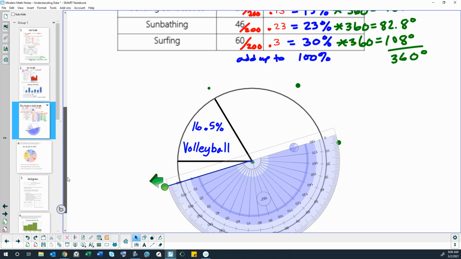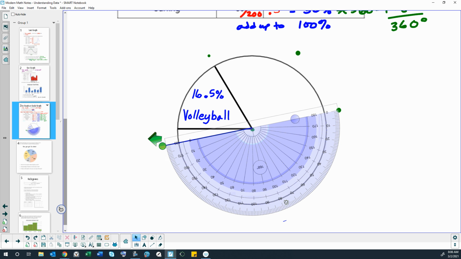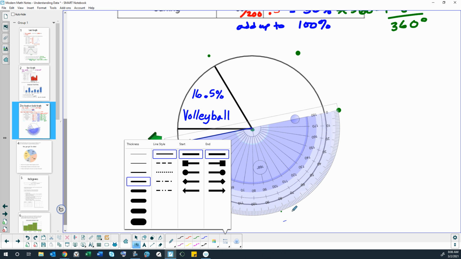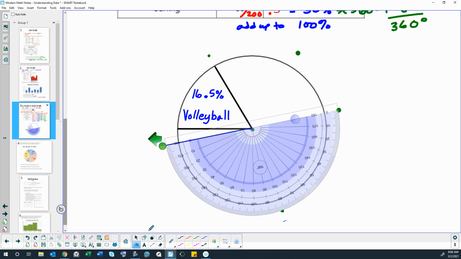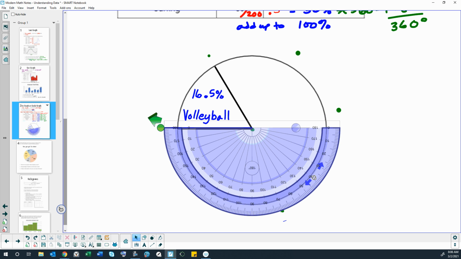I need to move my screen down so I can see this. So 83 is between 80 and 90. That's the one I said is almost like a right angle. So that would be about right there. Then my last one is 108. I shouldn't really have to measure that one because everything else has already been done.